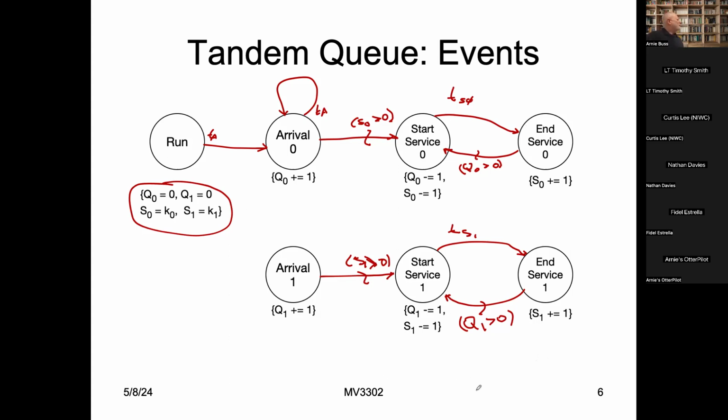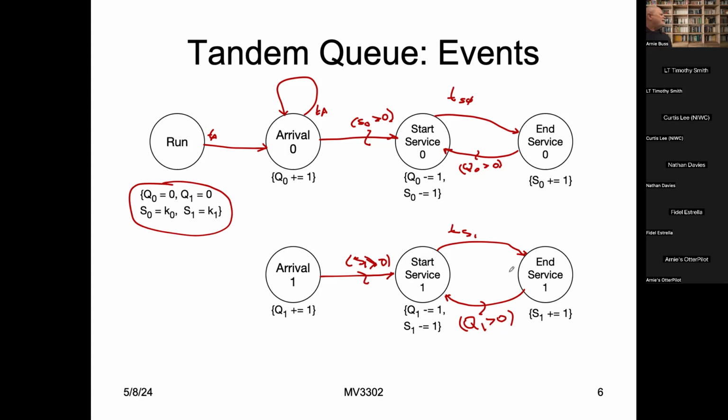In fact, one of the powerful things about these event graphs is that by just looking at the event graph, we can apply some elementary graph theory or network algorithms, no matter how complicated it is.